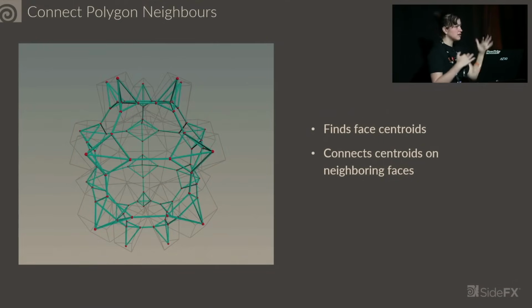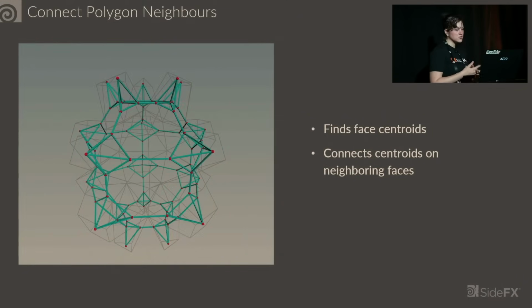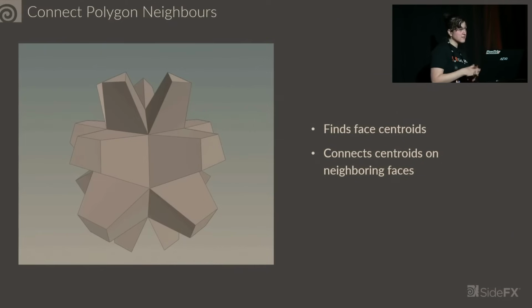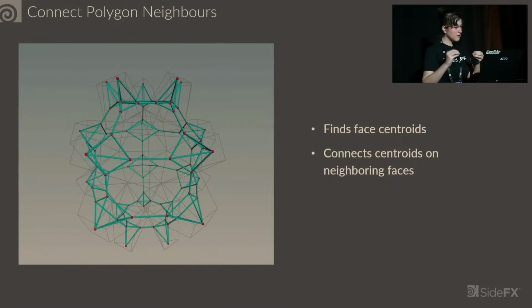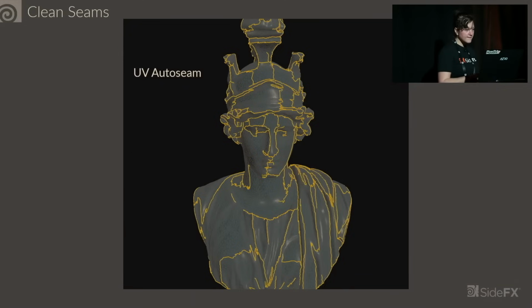So it's only connecting the neighbors. This was made because tools like cluster or spectral feature extract only work on points. This way, you have a way to operate on primitives as well by identifying those neighboring primitives, but having those centroid data points.